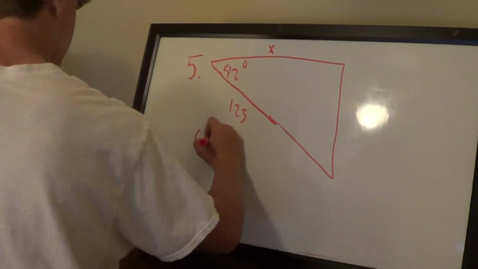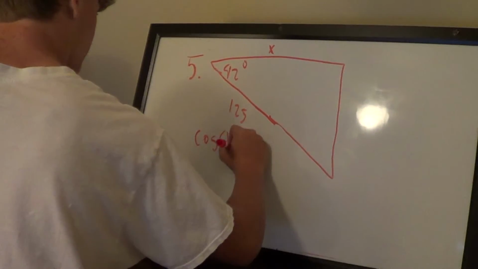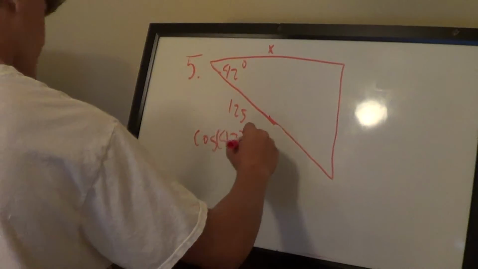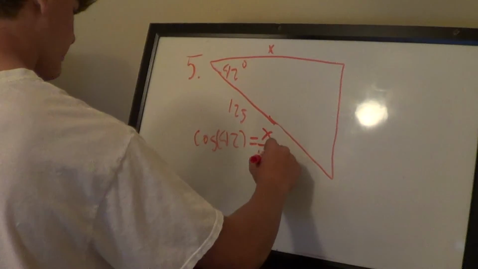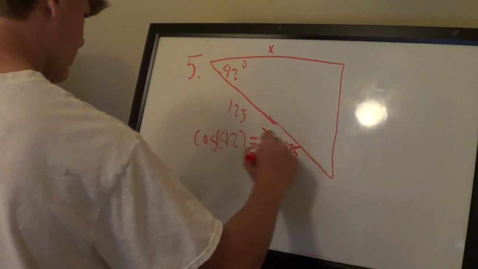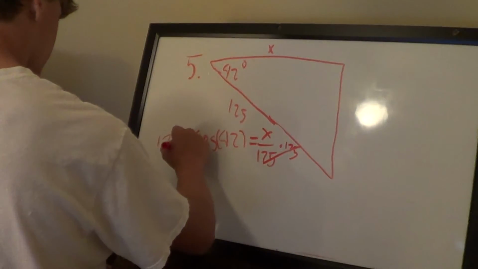So it'd be cosine of 42 equals x over 125. Multiply both sides by 125. Cancels out.